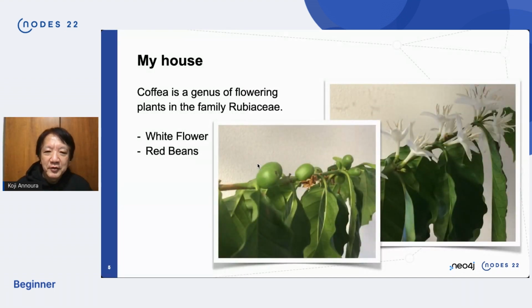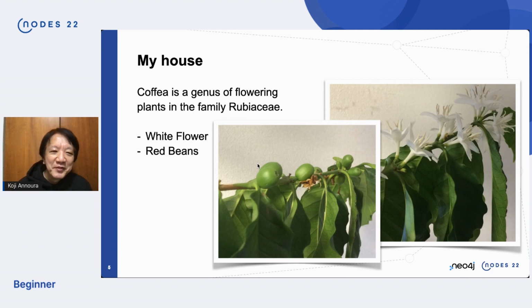This is my house, my room. I have a coffee tree, coffee in Japan. Coffee is a genus of flowering plants in the family Rubiaceae.